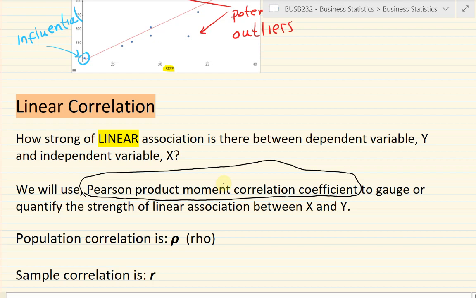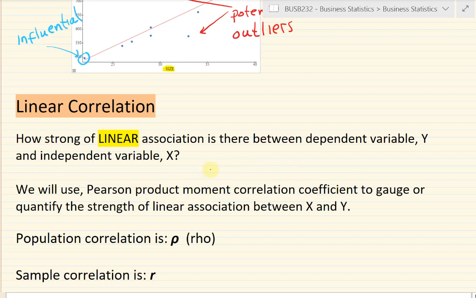The product moment has to do with the way the formula is constructed. The moments of a random variable actually have a technical definition in mathematical statistics. And the product suggests there's multiplication, right? So those are just technical jargon. So we're just going to go with correlation coefficient. You can ignore the first three words.